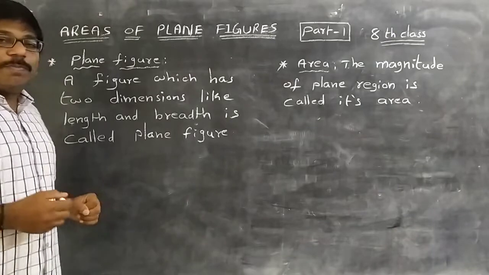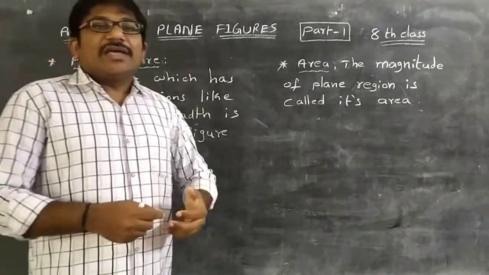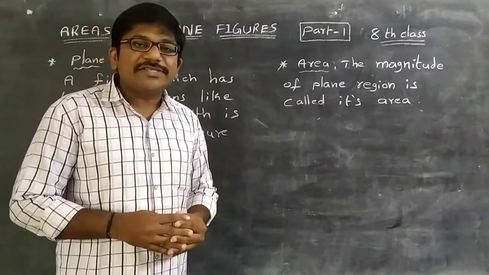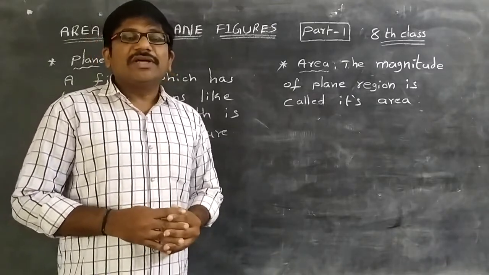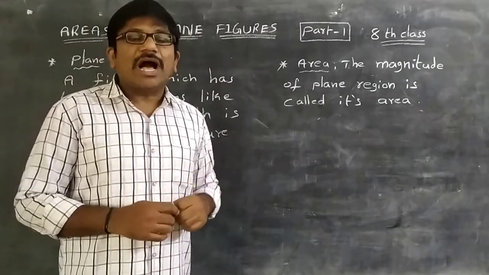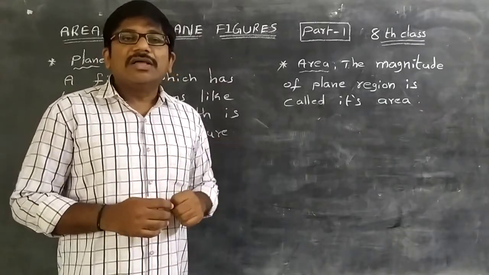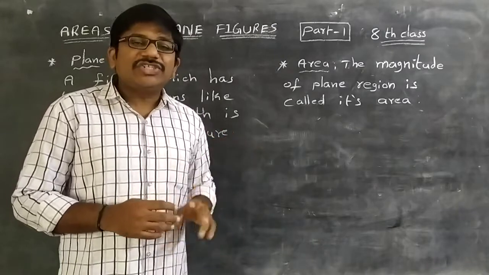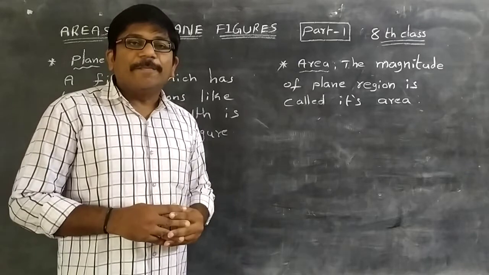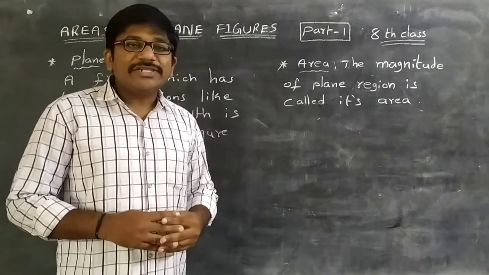A plane figure is a simple closed figure which has two dimensions, meaning two measurements like length and breadth, or breadth and height, or height and length. Only two measurements. Those figures are called plane figures.